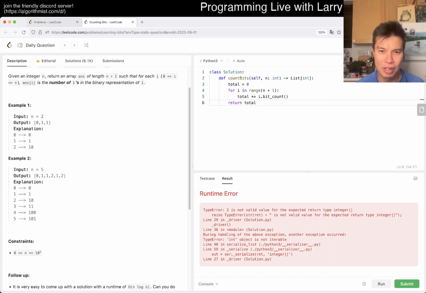Okay, so what are we supposed to return? Oh, I misunderstood this problem, but yeah, you get the idea. Times. Maybe this is fine. Maybe I'm lazy to do the math on the log.